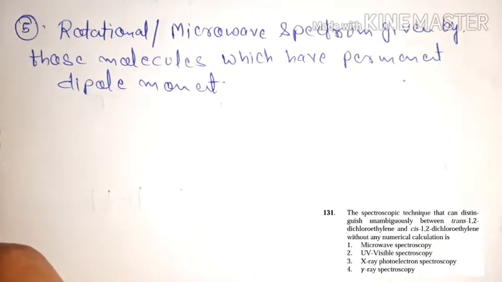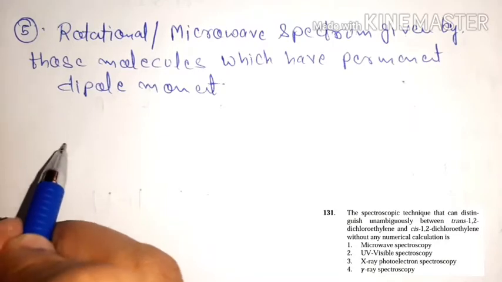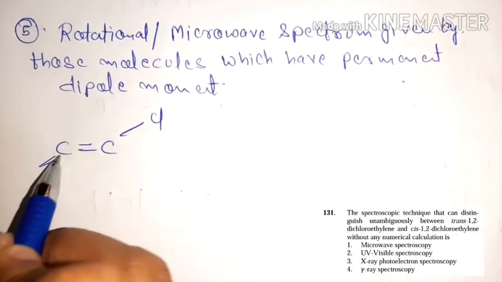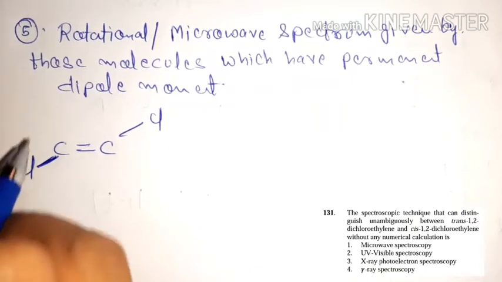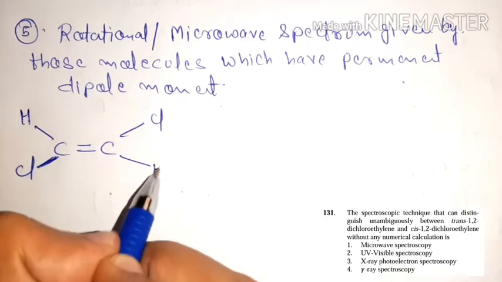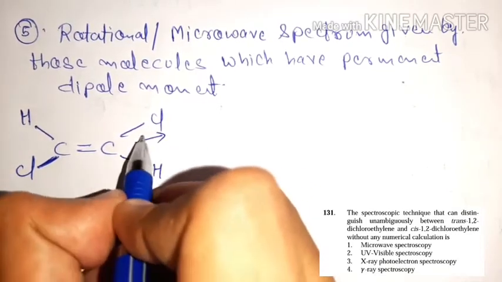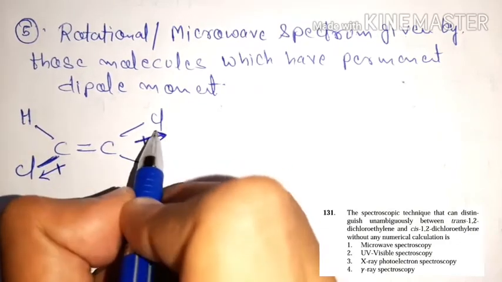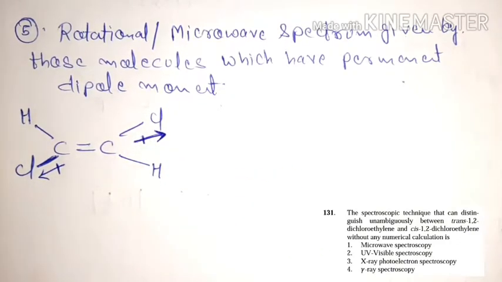In our question we have two molecules, trans 1,2-dichloroethylene and cis 1,2-dichloroethylene. This is the structure of trans 1,2-dichloroethylene, and here you clearly see that the dipole moments oppose each other.